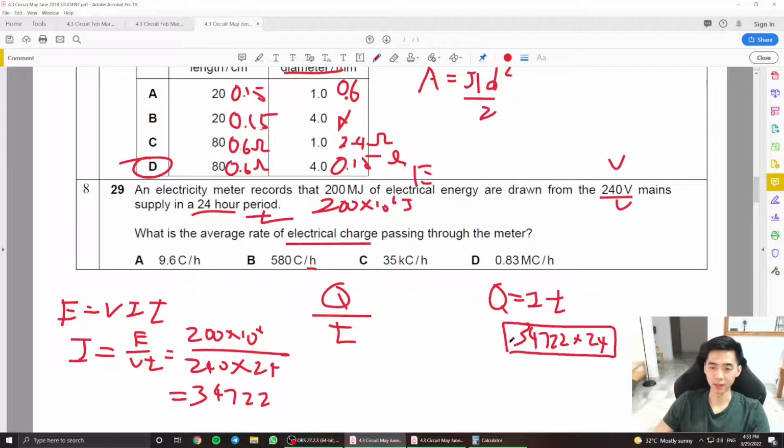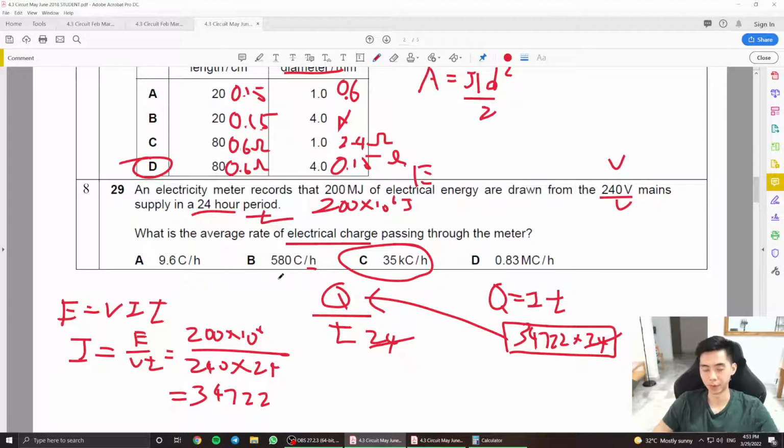Then this answer here, I'm supposed to substitute it back here, and then divide back with 24. So it's going to be 34722 times 24 divided by 24. So I cut it off. So it will actually give me a total answer of somewhere around 35 kilocoulombs per hour. Right? Yeah.